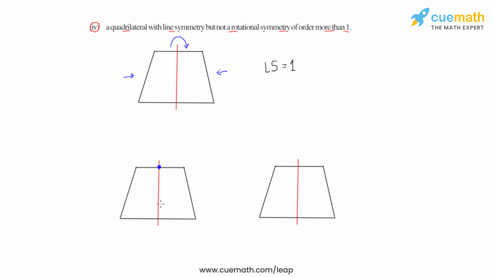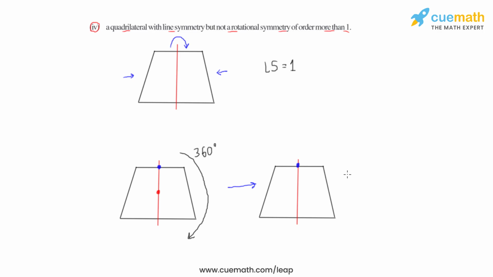If we consider this point as the center of rotation, we'll have to rotate this whole figure by a complete rotation of 360 degrees in the clockwise direction to get to this figure, where we'll again have this blue dot at this point, which will represent the exact same figure as in the initial case.